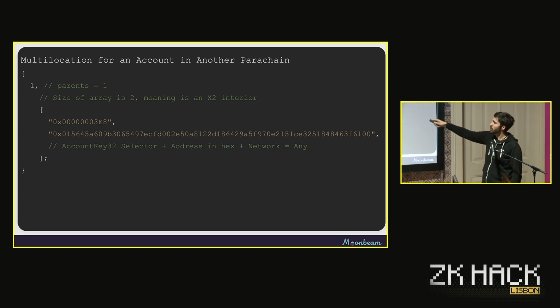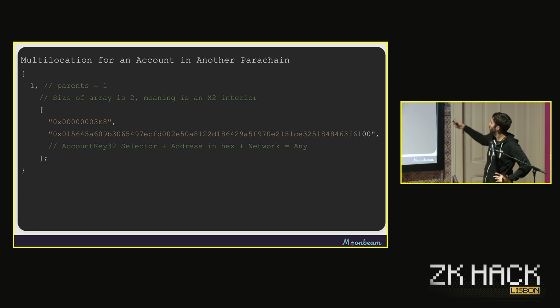The parachain ID is the same as before, and then the account is built with this complex structure, which is basically 0, 0 for the parachain ID, then 0, 1, an account key 32, an account ID 32, which is the Polkadot-style accounts. And then we provide the account, which is this 64 hexadecimal number, or 32 bytes.